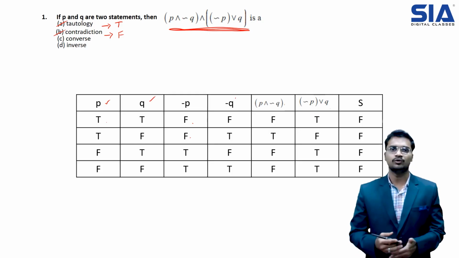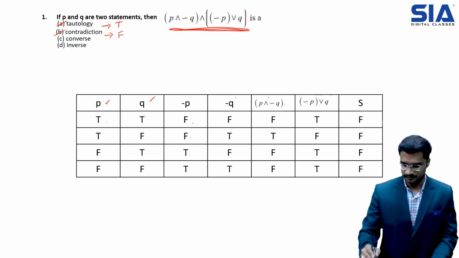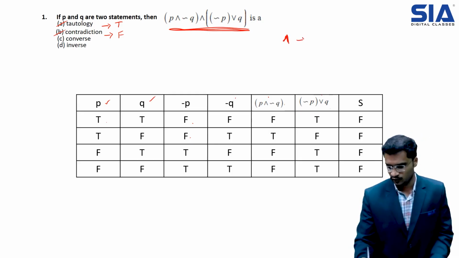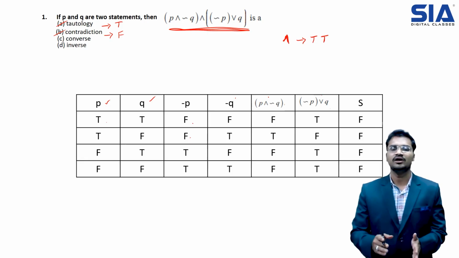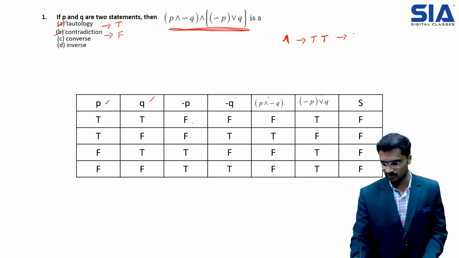Now we have to check the symbols of AND and OR. Whenever we are solving the AND, we should remember that in the AND condition, only when two truths are coming will it become true.